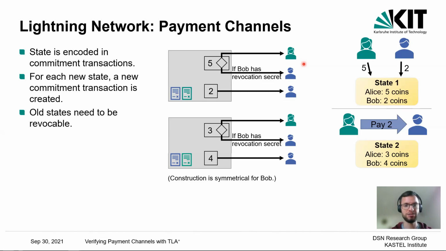And to enforce this, the output has a time lock for Alice, which means that only 24 hours after this commitment transaction was published, Alice can redeem those 5 coins. But Bob can redeem them once the transaction is published. So Bob has a time window of 24 hours to redeem those 5 coins if Bob has the revocation secret.